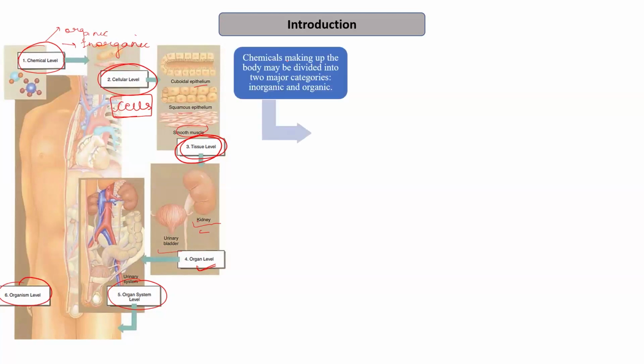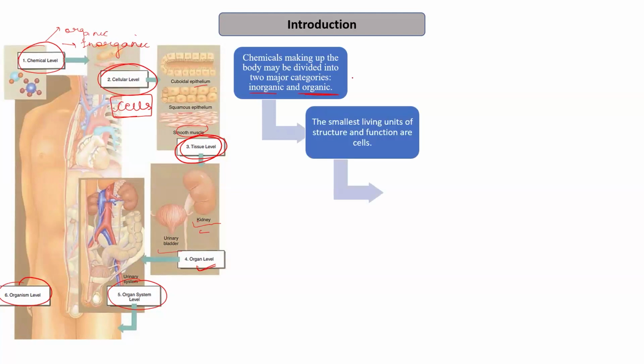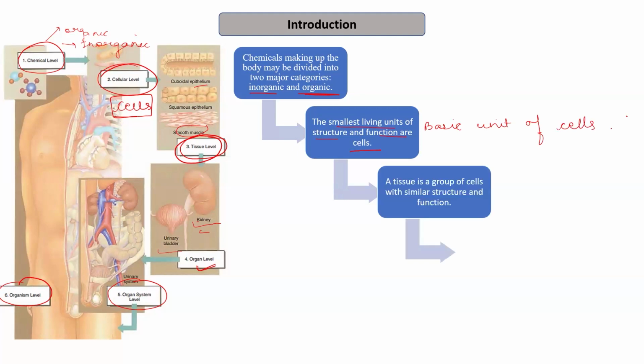So we know that chemicals make up the body, and they may be divided into two major categories: inorganic or organic. The next is the cells. The smallest living unit of structure and function is the cell. They are the basic unit of life, and every living organism is made up of cells. Then we have tissue.